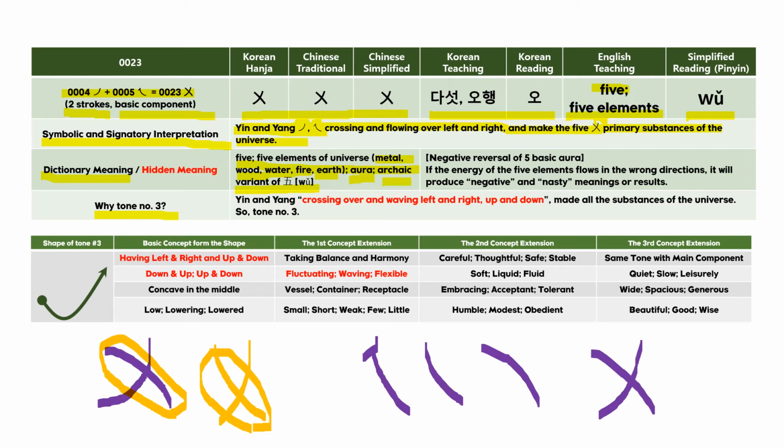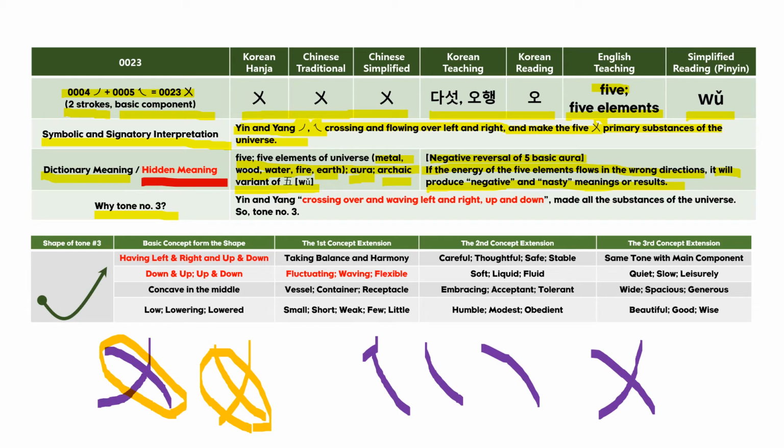The hidden meaning of this character, it's a sort of negative reversal of 5 basic aura, energy, and elements. If the energy of the 5 elements flows in the wrong directions, it will produce negative and nasty meanings or results.